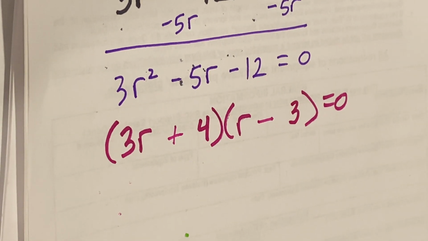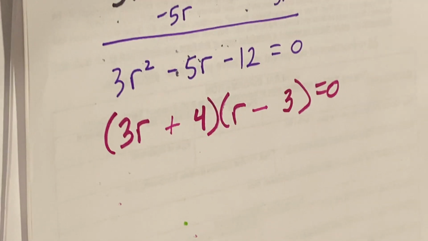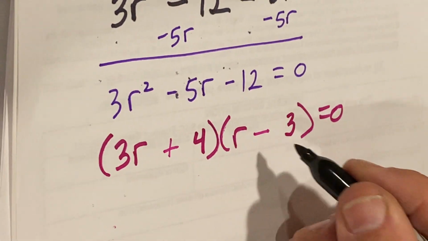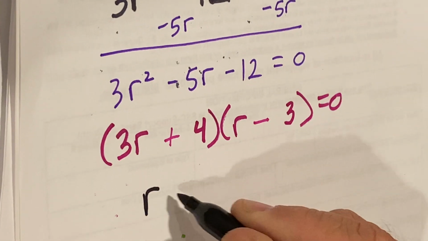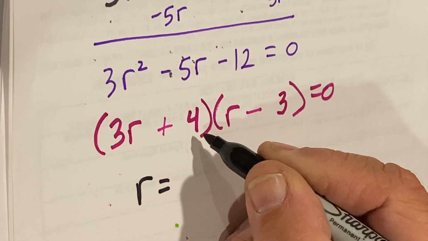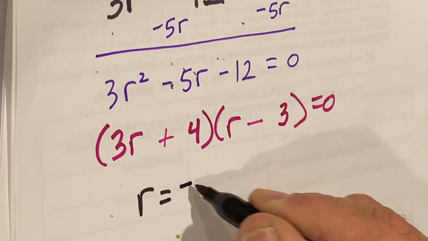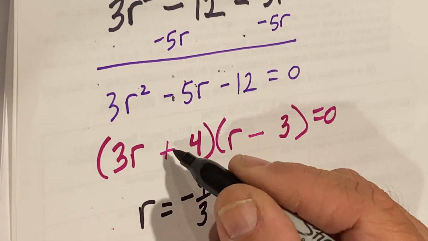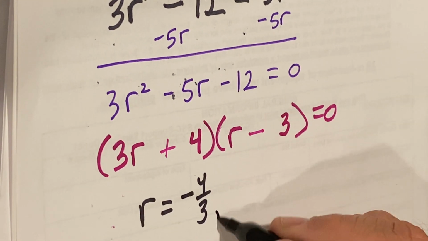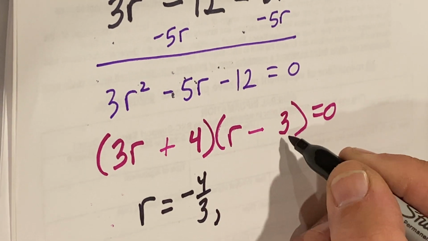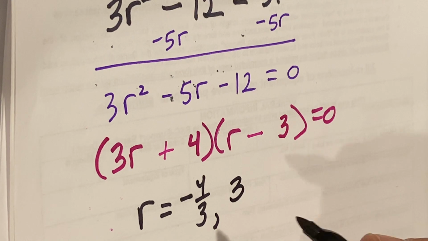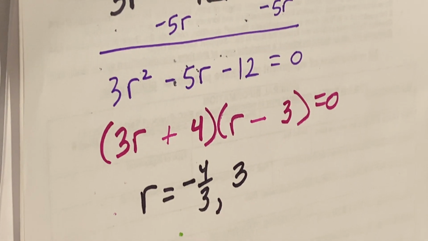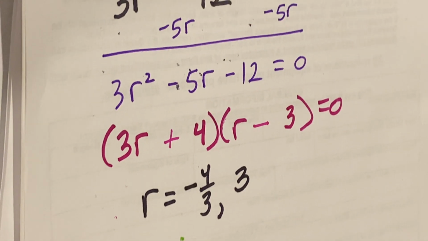And then we learned our little shortcut for solving from this point on. Whenever you got this times this equals 0, it's going to be r equals opposite of this over this. So negative 4/3, and positive 3 over 1, or just positive 3. Those are my two potential solutions, actually.